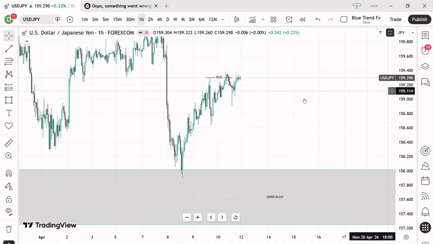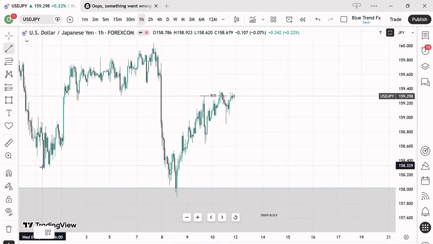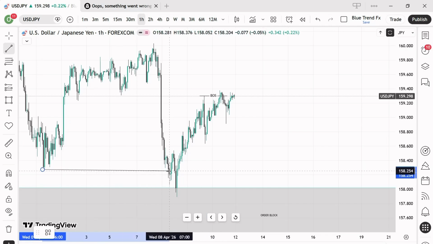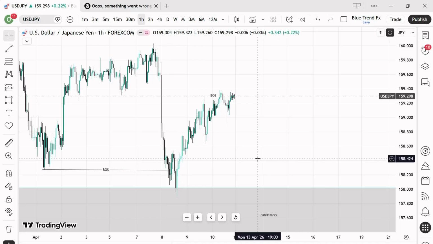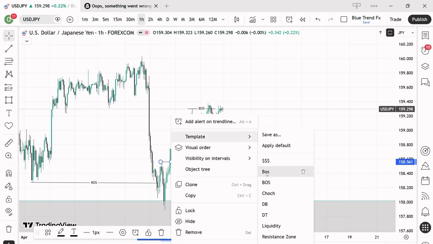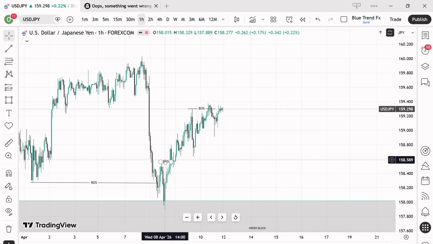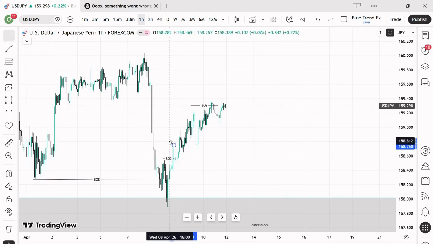Let's see 1 hour as well. Structure we had before price tapped onto the demand zone. Another break of structure right here.